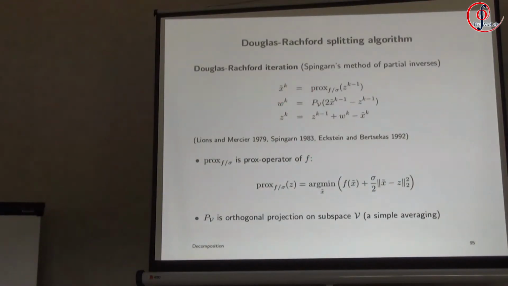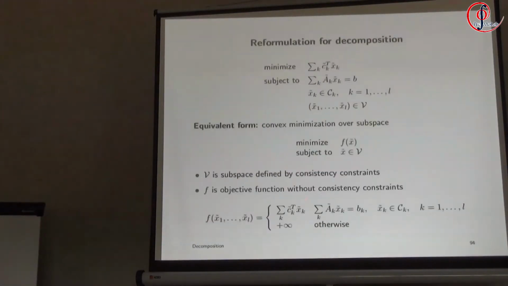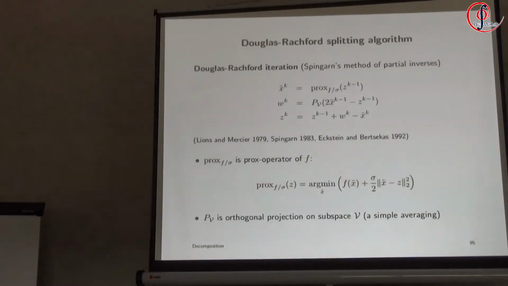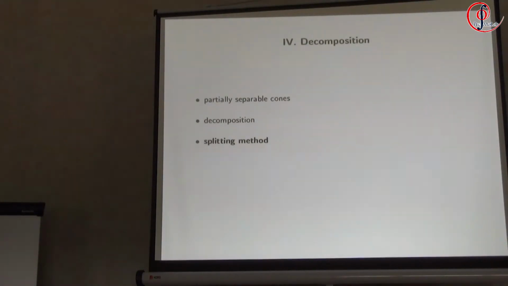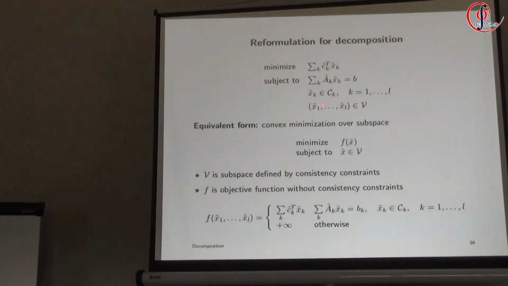We have 3 sets of variables. So x tilde is the one that we're interested in. And then I have 2 other sequences of variables. The third step is a simple combination of the 3. The second step is projection on this subspace of consistency constraints. In our case, that's a very cheap step, because these consistency constraints just express the fact that these variables, x tilde, are different overlapping subvectors of the same larger vector x.